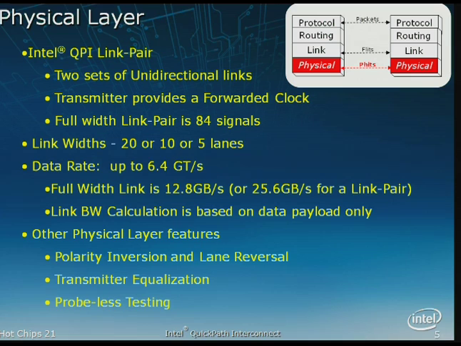As we go faster and faster, you'll see that you have transmitter equalization. Basically, you have receiver equalization and so forth. And as we go faster and faster, you can no longer physically touch the lanes. So how do you measure anything? How do you physically debug anything? And so the physical layer definition also includes, by definition, some probeless testing.